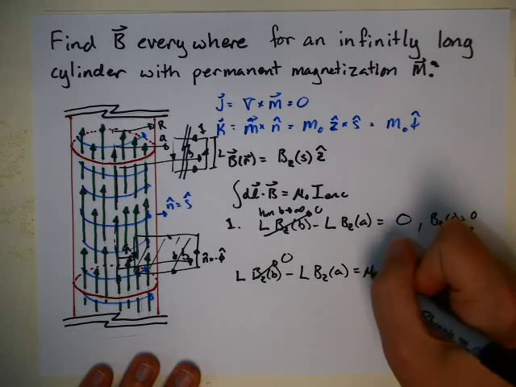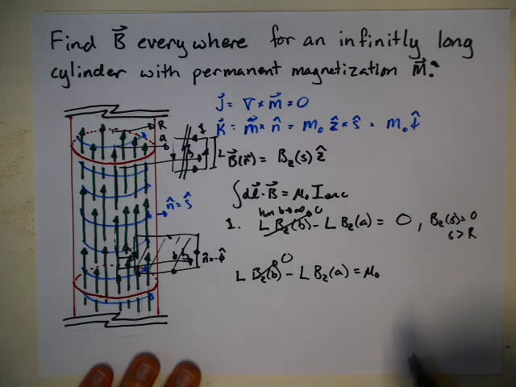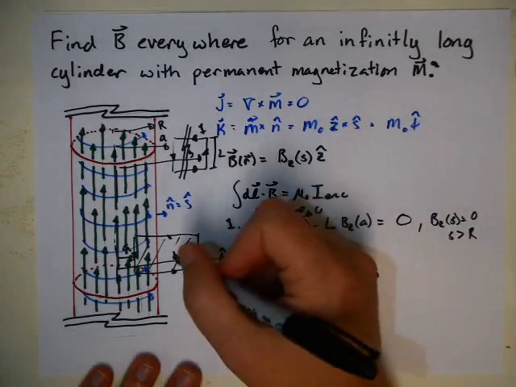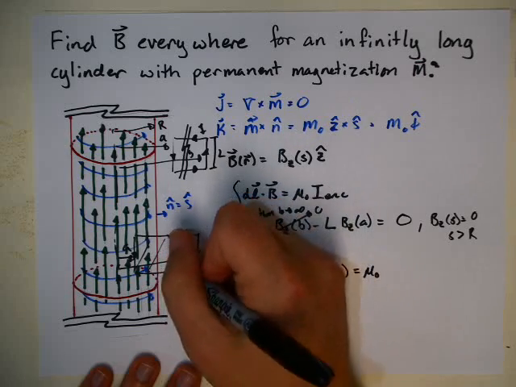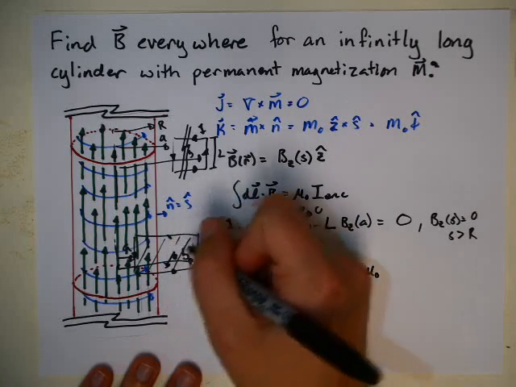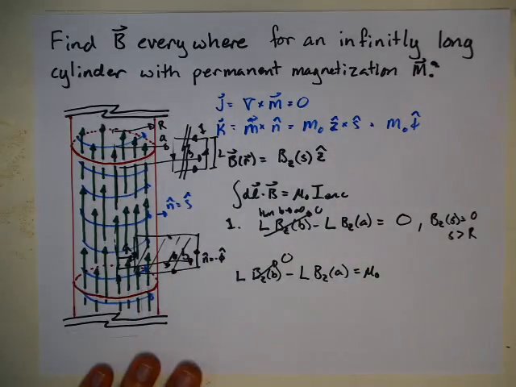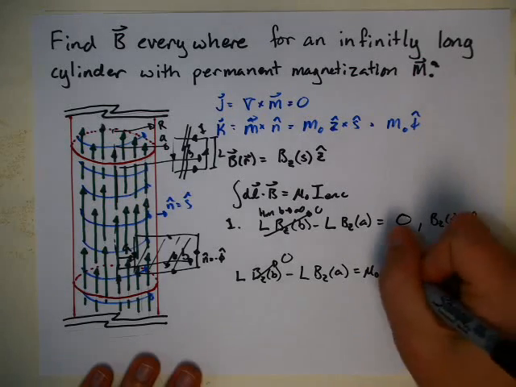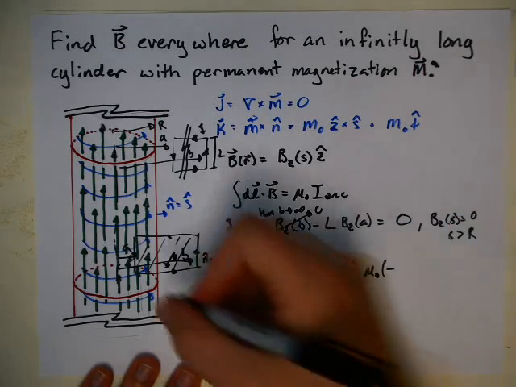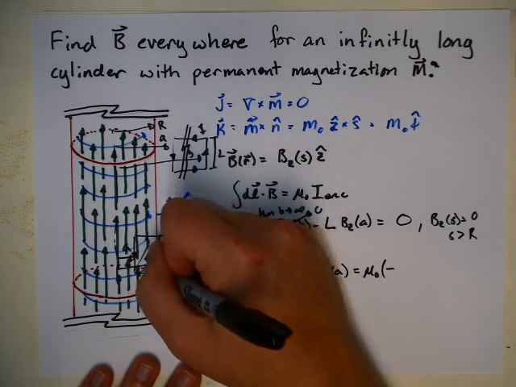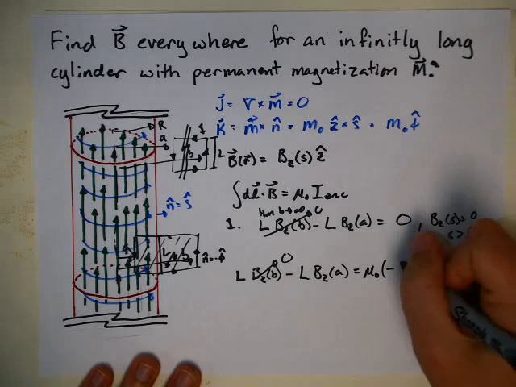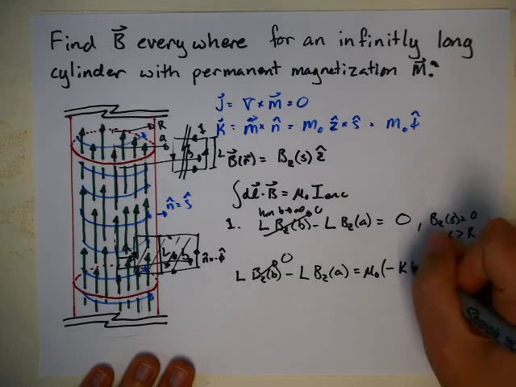Now this is going to be equal to mu naught times the enclosed current. Well, what is the enclosed current? The current is flowing opposite the direction of the unit vector on the surface. The unit vector on the surface is coming out of the page. The current is flowing into it. And so we're going to get a minus sign. And then it's just going to be the surface current times this length here, which is L. So this is K times L.